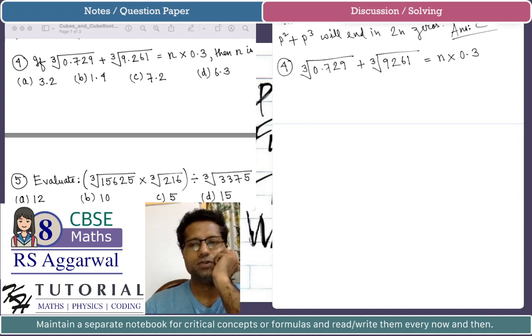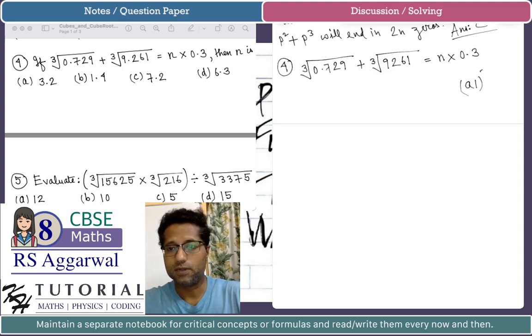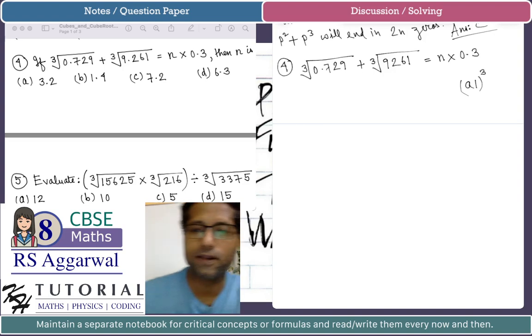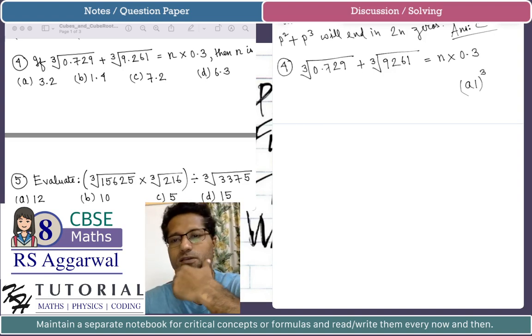Now what can that 2 digit number be that ends with 1? Let's say that 2 digit number is A1, where A is some digit. So its cube, I'm just trying to find the cube root of 9261, even though you can easily do prime factorization.